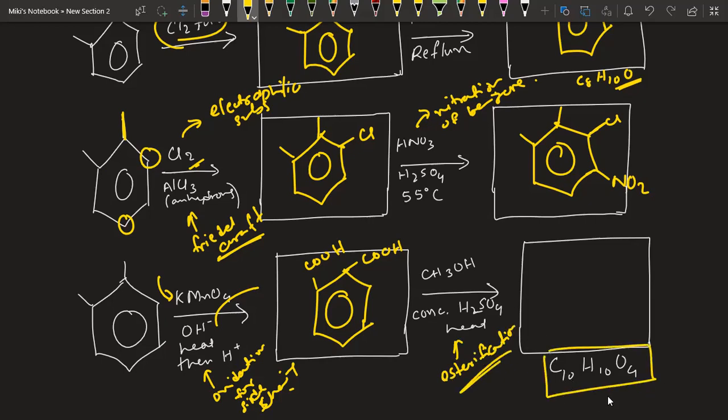Now, based on these formulas, this could be found. Why or how? See, the oxygen number is 4, that means the oxygen number didn't change, but the carbon number changed. Over here we have 8 carbons, and over here we have 10 carbons in the molecule. That means the only possibility is that 2 of this CH3 are going to get added over here.